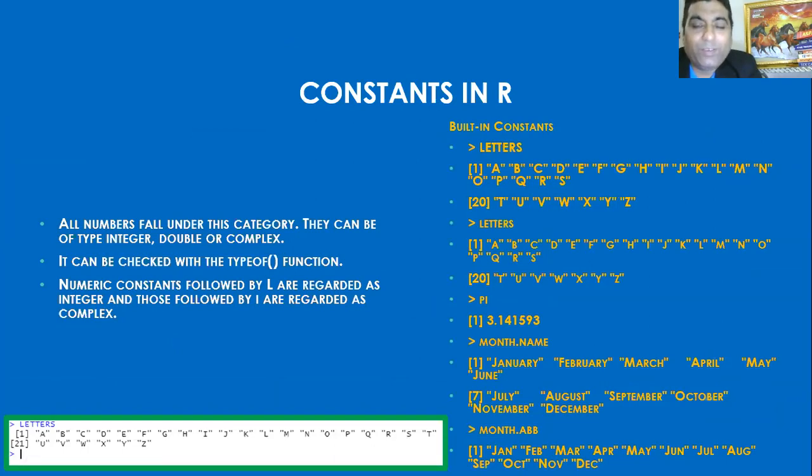It will give you the output as a, b, c, d, e, f, to z. Similarly, pi. Pi is a built-in constant. So these are a few built-in constants in R.